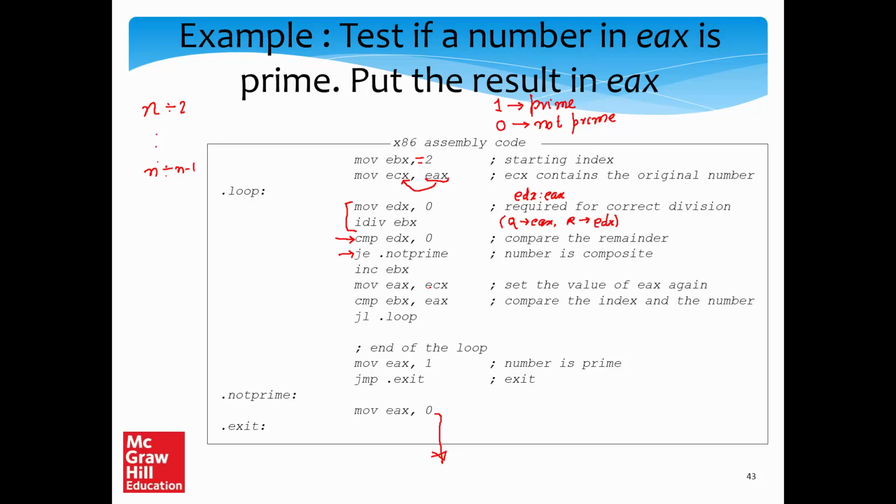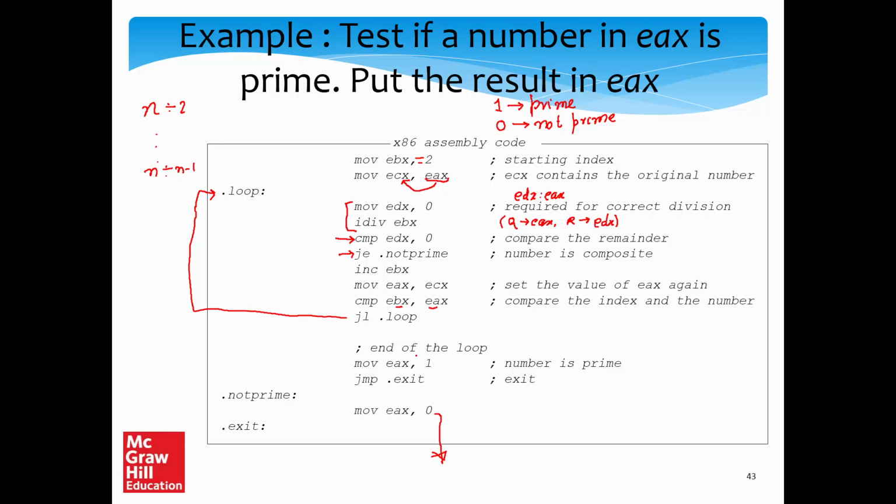We're transferring the contents of ECX back to EAX. So EAX gets restored. Then we compare EBX and EAX, which is essentially the index and the original number. As long as the index that we are dividing the original number by, the divisor, is less than the original number, JL, jump if less than, we jump back over here.